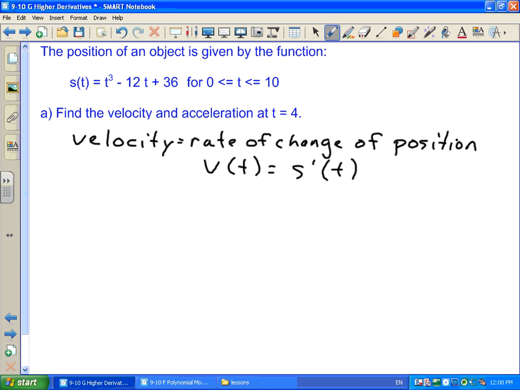That's what we did last time. Well, what about acceleration? How is acceleration related to velocity? Well, velocity is the rate of change of position. Acceleration is the rate of change of velocity.